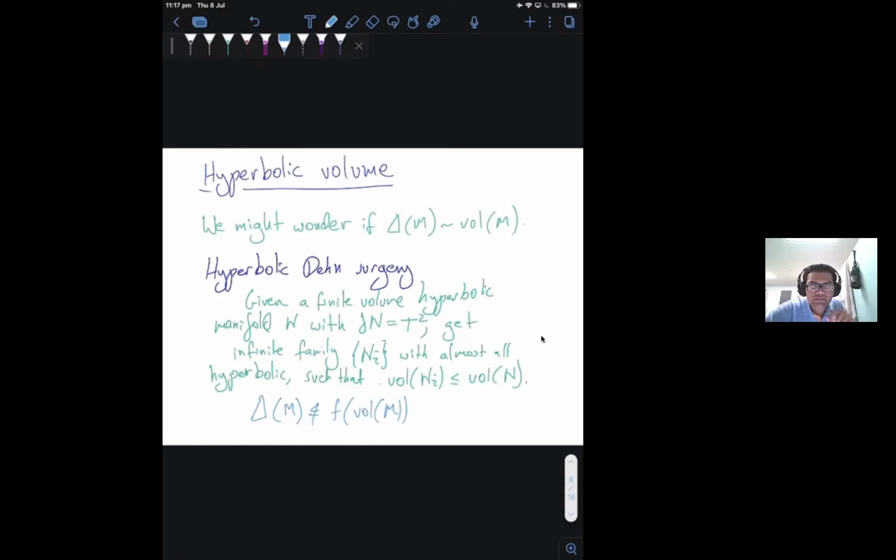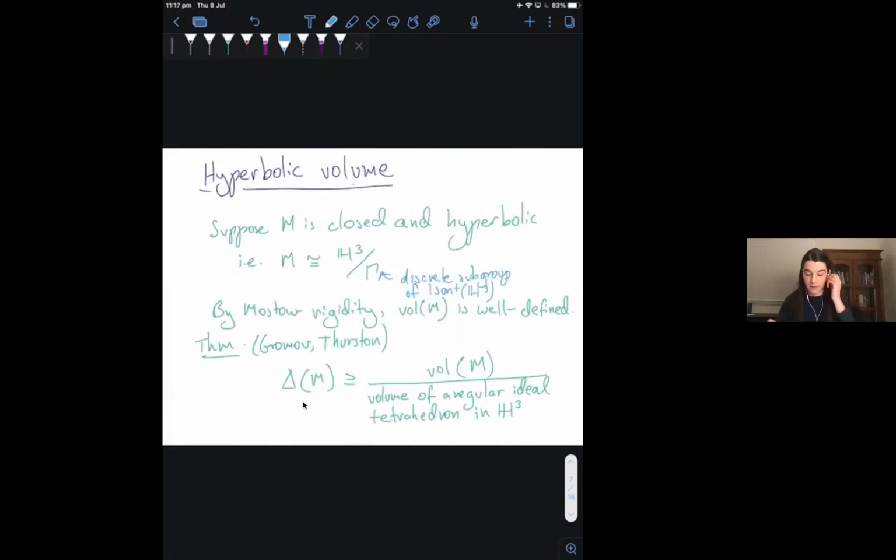I have a question. Could you go back to the previous slide, please? Yeah, easy. So the Gromov-Thurston result gives you a lower bound to triangulation complexity. It tells us that if we've got high hyperbolic volume, we can't have super low triangulation complexity.